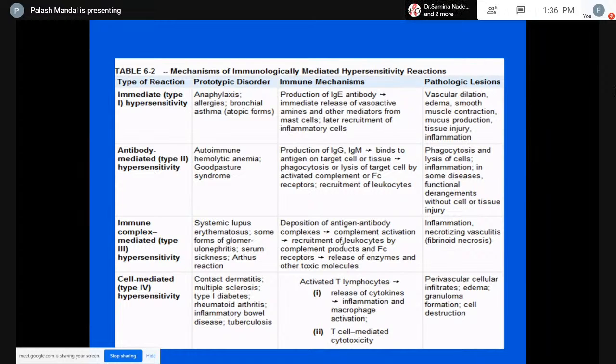These are all diseases which are very difficult to treat, and they keep on recurring, and eventually some of the patients may lose their life also. So that is it. We have come to the end of the discussion.